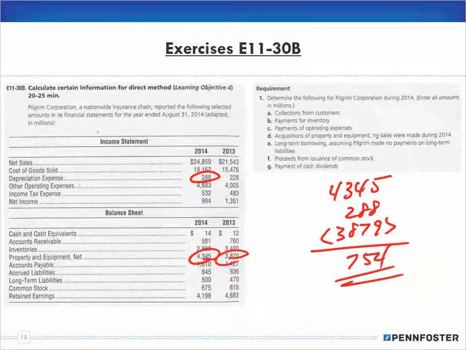Acquisition of property, plant, and equipment: here's our beginning, we don't make sales, here's our ending. Sorry, we have to take out our depreciation expense. And this is what our acquisition costs are for that equipment during that period of time. So with that, pause the video here and write those down because I'm going to erase it.